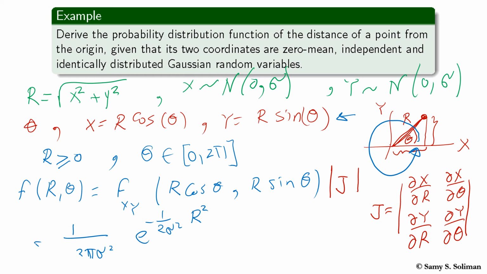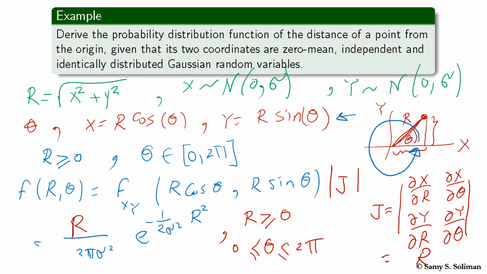By substituting and doing the derivatives, that determinant will be equal to r. So we have r also multiplied here, and we have to define that r is larger than or equal to 0, and theta itself is between 0 and 2 pi.